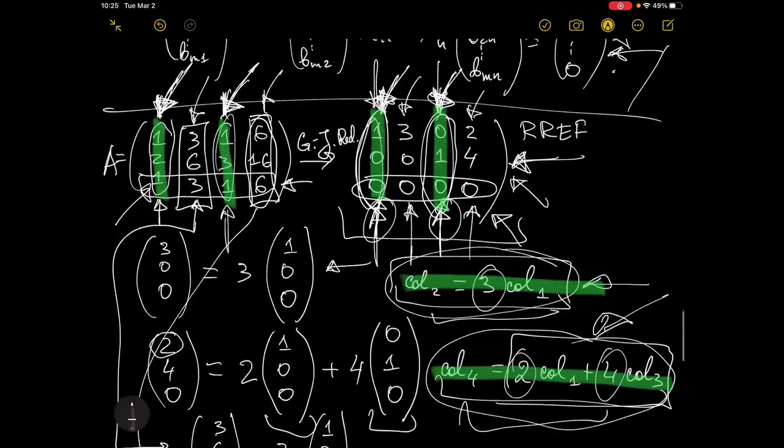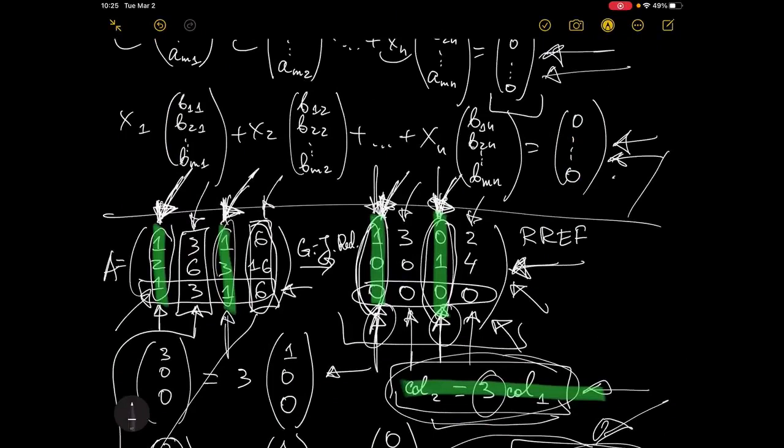Like here, for example. I brought this using Gauss-Jordan reduction to the reduced row echelon form. Obviously these rows are linearly independent, right? But what is the number of non-zero rows in the reduced row echelon form? It's the number of leading ones.